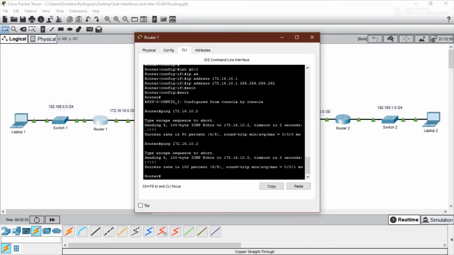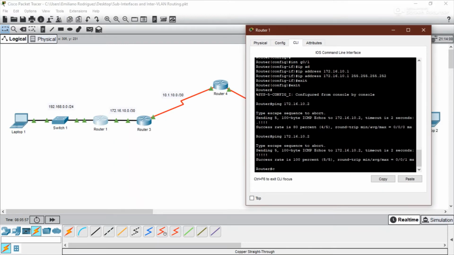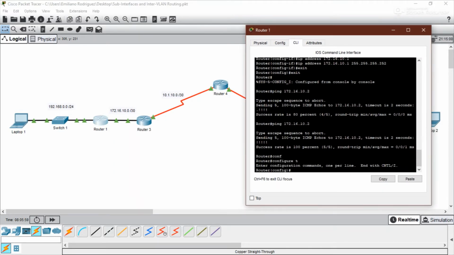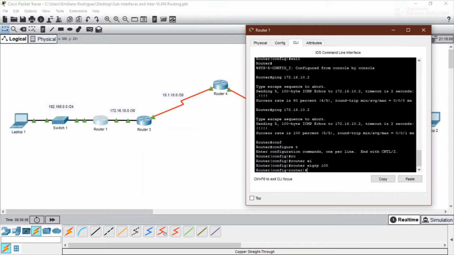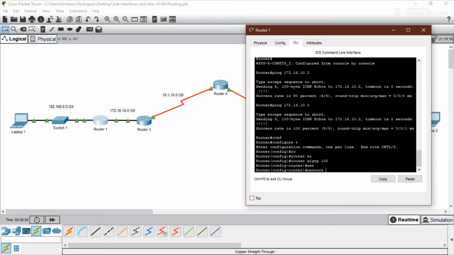We'll start with router 1. Configure terminal. Router EIGRP 100. Network 192.168.0.0 255.255.255.0.